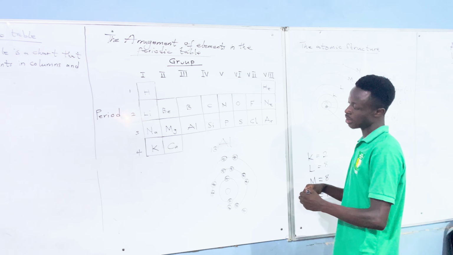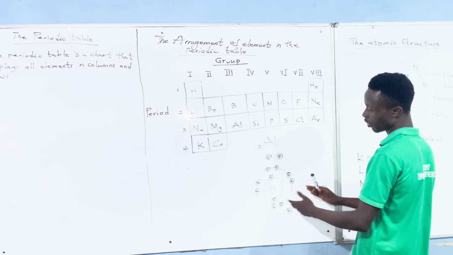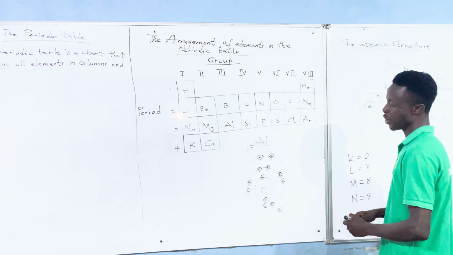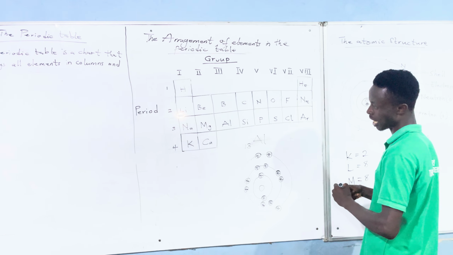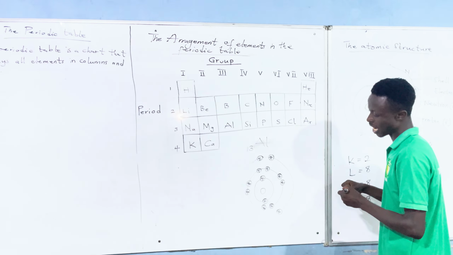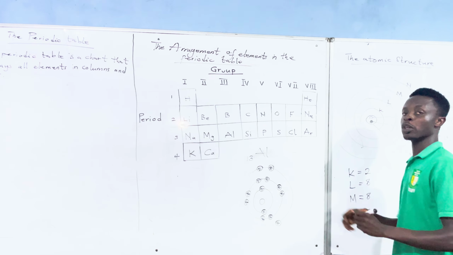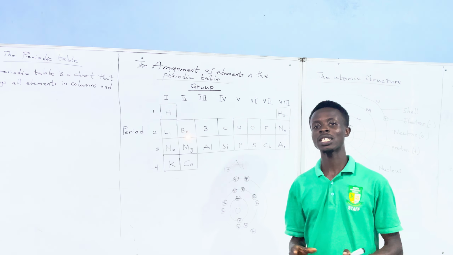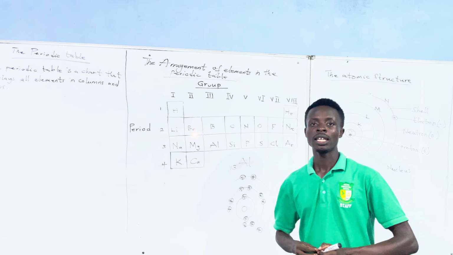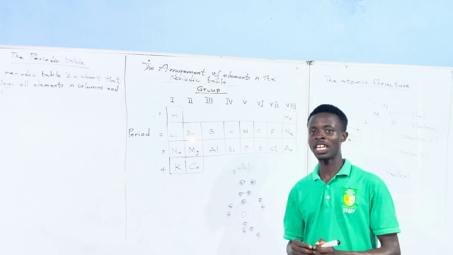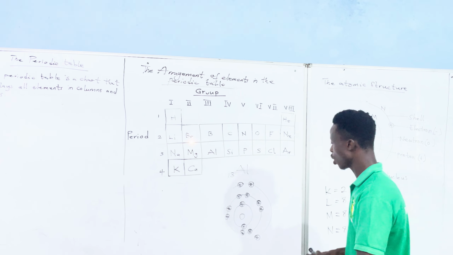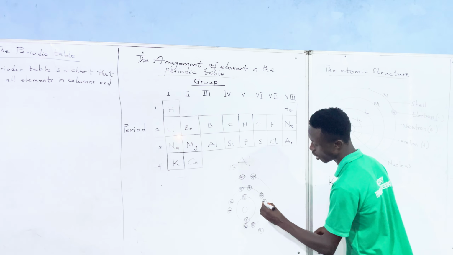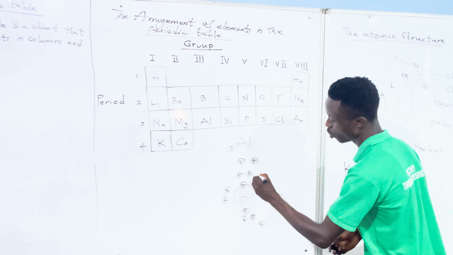Alright, so let's use the electronic configuration of aluminium to determine its group and period. Let's start with the period first. For you to find the period of any element, you have to count the number of shells the element has in its electronic configuration. How many shells are here? Let's count. 1, 2, 3.